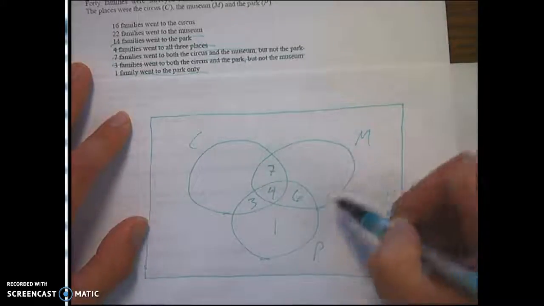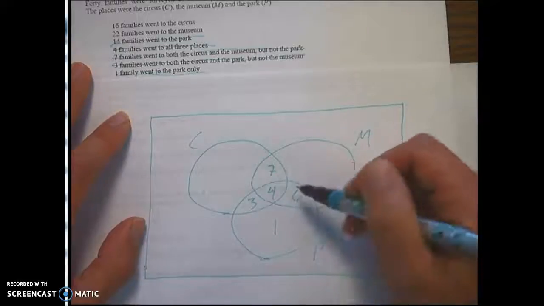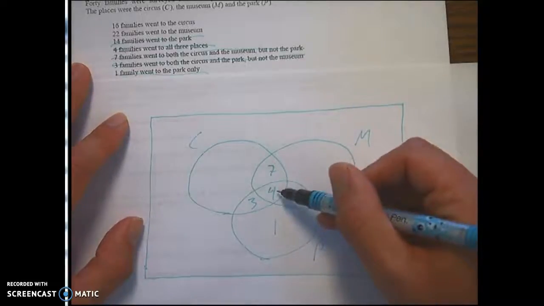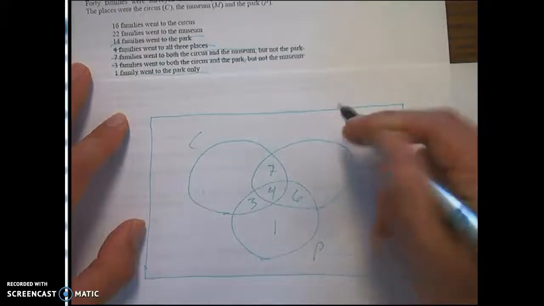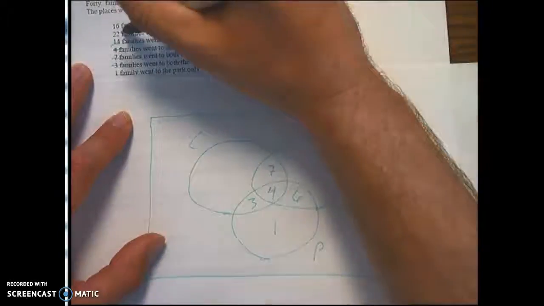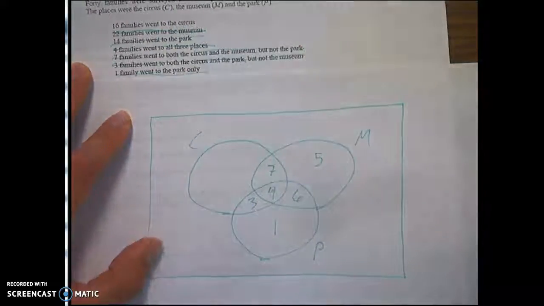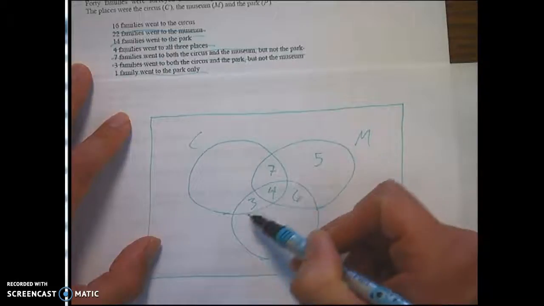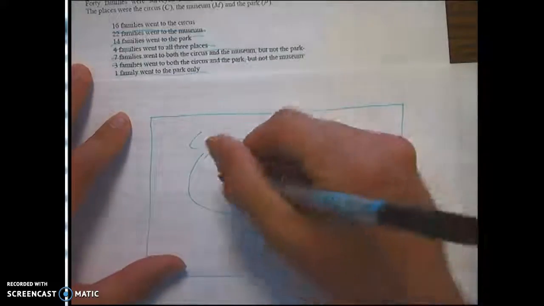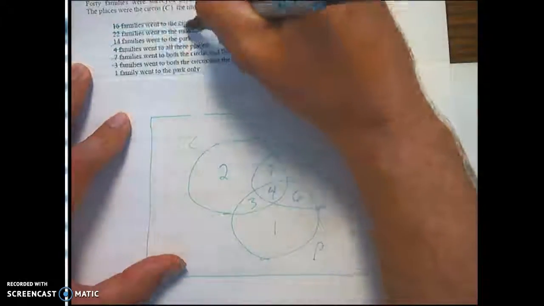So the museum circle has to add up to 22. Right now it's at 7 plus 4 is 11, plus 6 is 17, which means 5 went to the museum only. 16 families went to the circus. Right now we've got 14, 7 plus 4 plus 3 is 14, which means 2 went to the circus only.